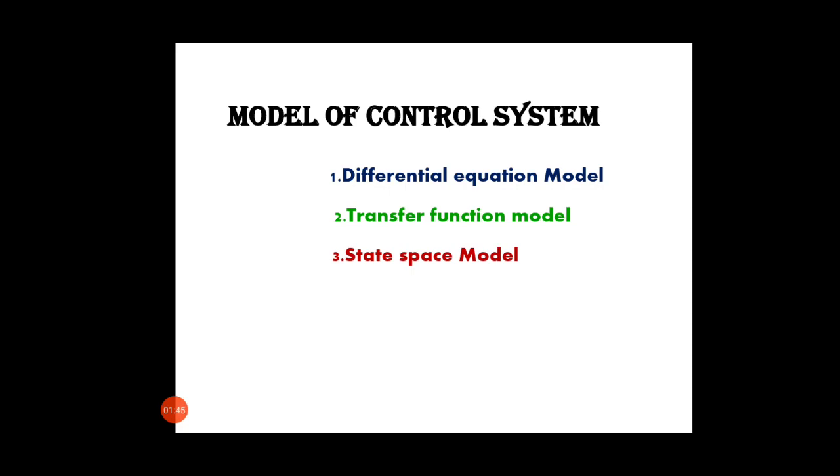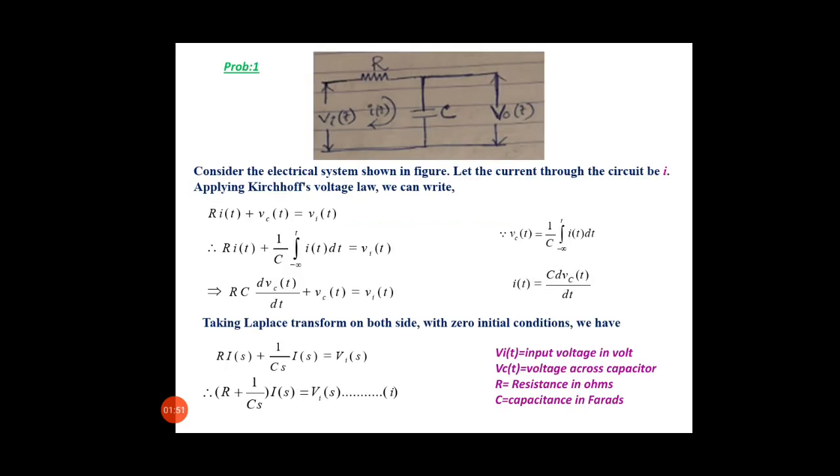So, for example, I am going to consider a system like this. This is an RC network and this is a purely electrical system. Now let the current passing through this network be I, and here I have a resistor R and a capacitor C. So this is my system.